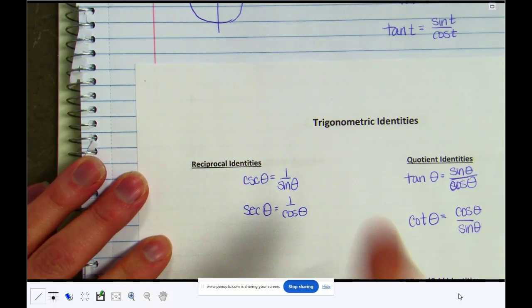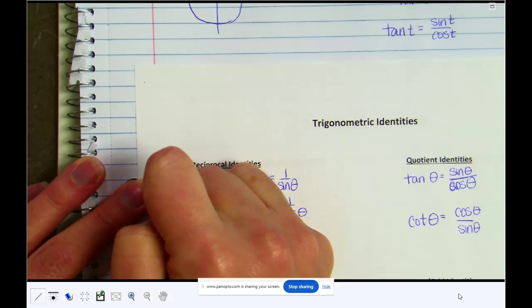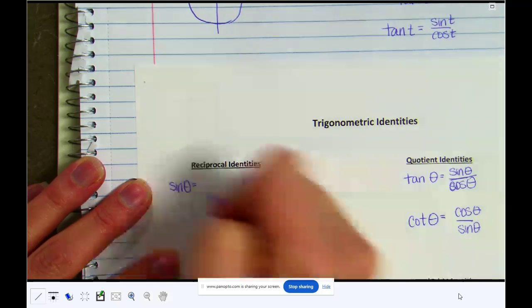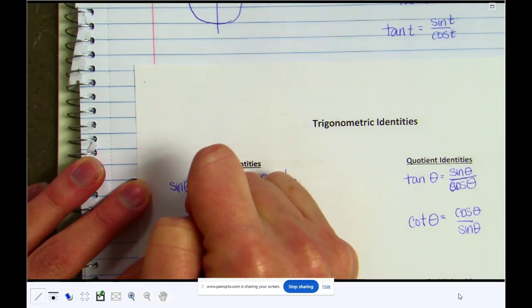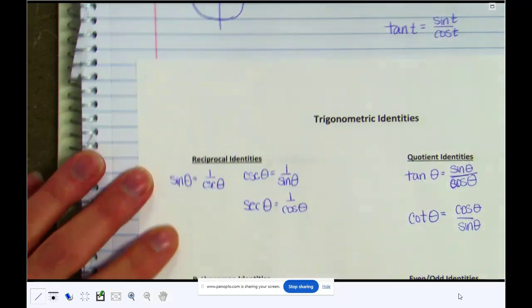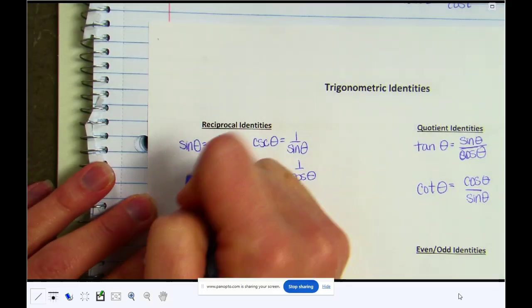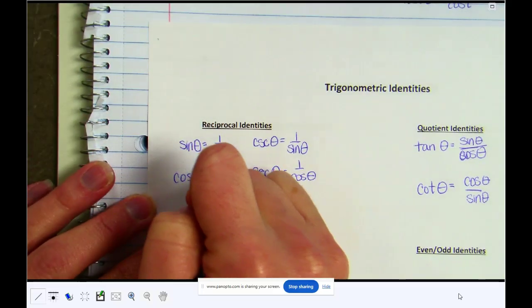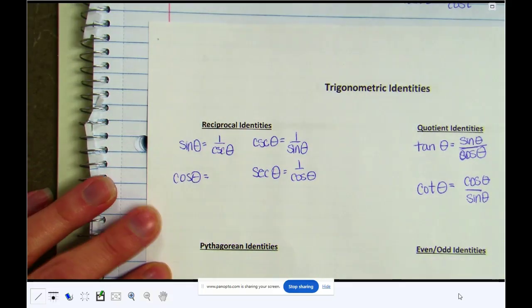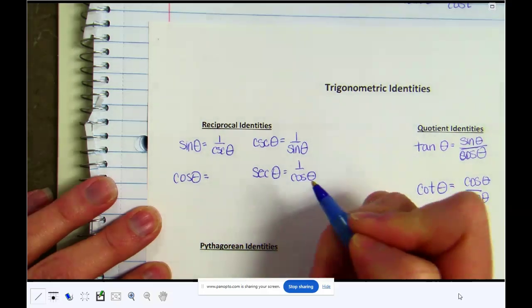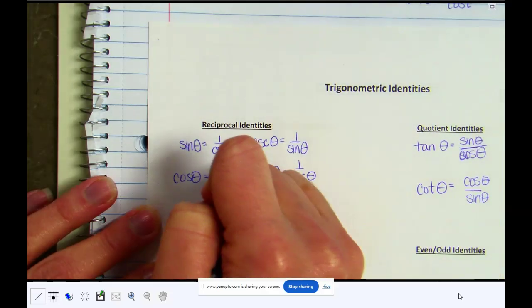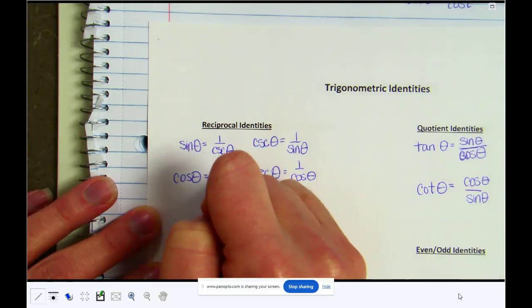You can flip them. So sine itself is equal to 1 over cosecant. So cosine is going to be what? 1 over secant. Correct.